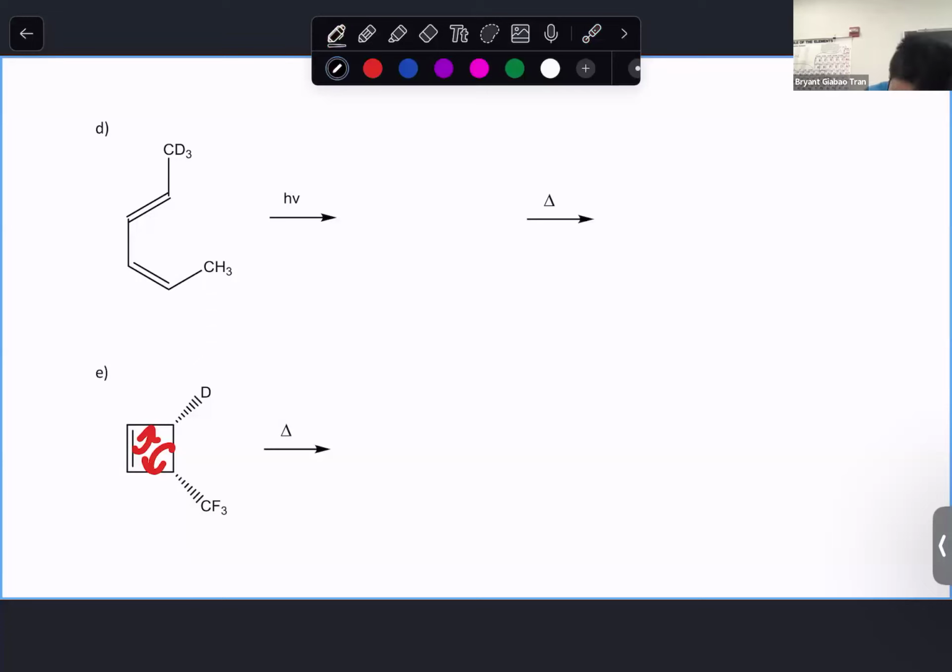That is going to give us this template right here, where this double bond was formed from that double bond moving to that bond right there. This double bond is formed from this single bond breaking and shifting to make a double bond reaching those two carbons. Now, we still have a deuterium ion on that carbon and a CF3 group on that carbon, but we don't know if they are going to be an out group or an in group.